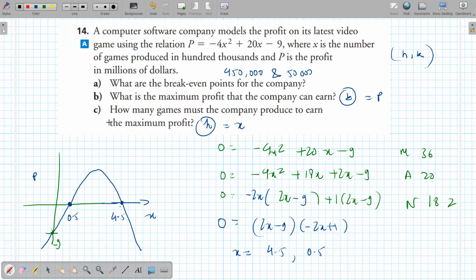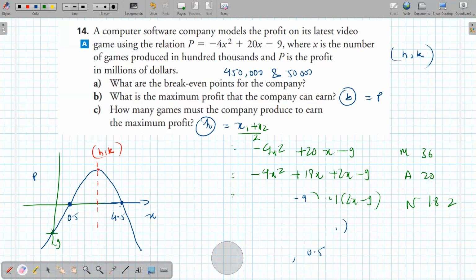You're going to find the midpoint. This is called the axis of symmetry right here. That point up there is going to be h comma k. To find k, you need to first find h, and h is always the midpoint. h is always x1 plus x2 divided by 2.